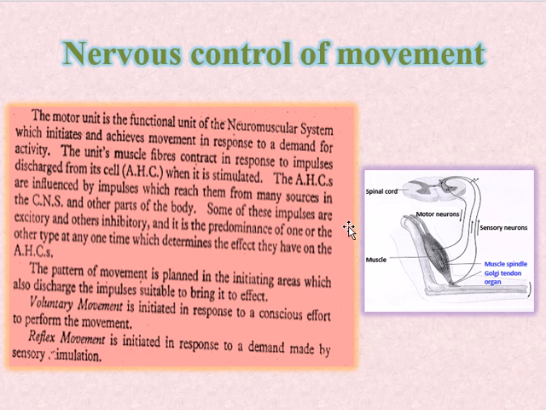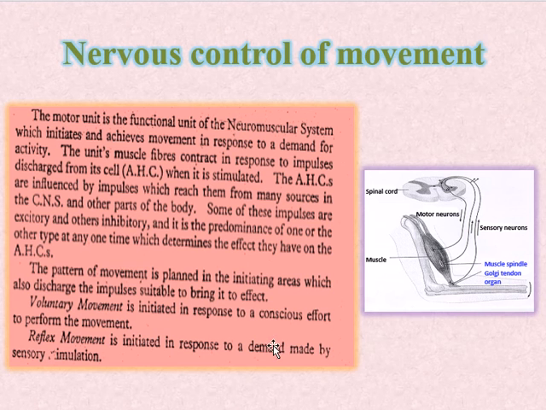Some of these impulses are excitatory and others inhibitory, and it is the predominance of one or the other at any one time which determines the effect they have on the AHCs, anterior horn cells. The pattern of movement is planned in the initiating areas, which also discharge the impulses to bring about this effect.